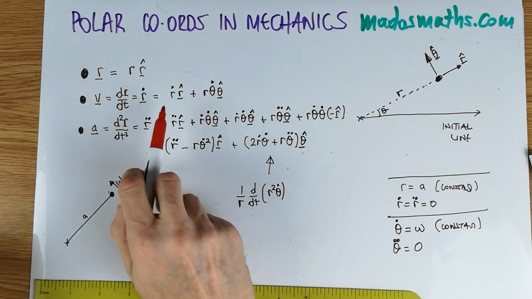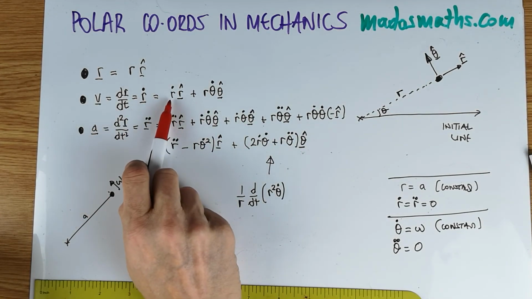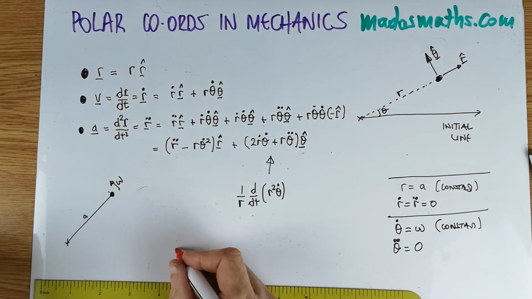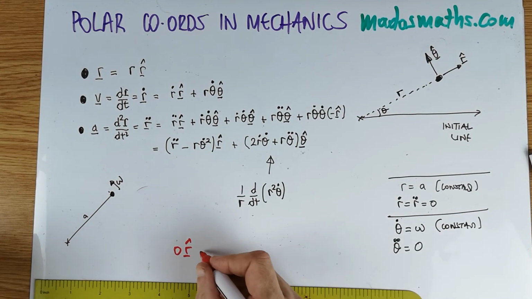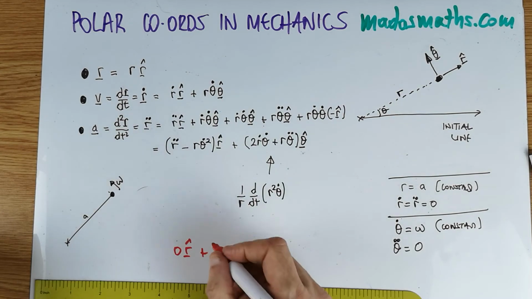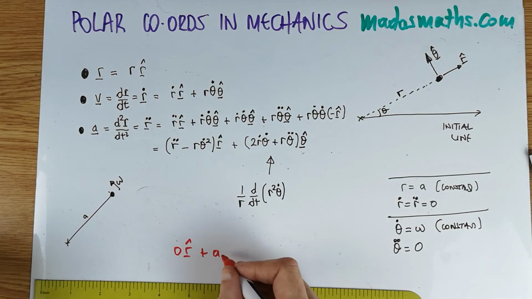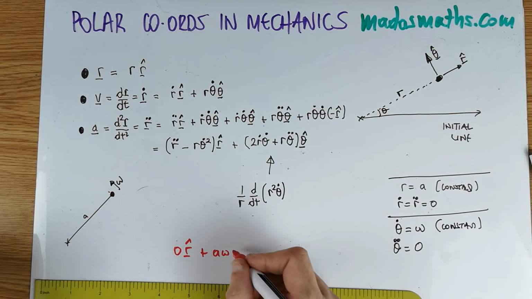The velocity, this is the velocity expression. It says the velocity in polar coordinates would be r dot, which of course is 0, in the r hat direction, plus a, because that's constant, omega in the theta hat direction.